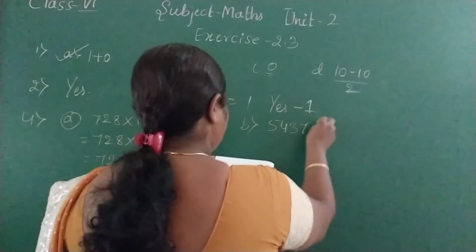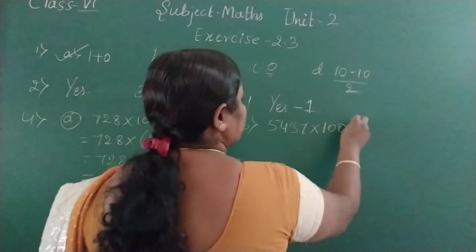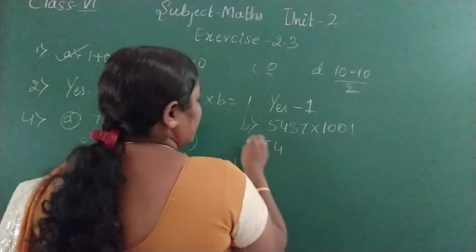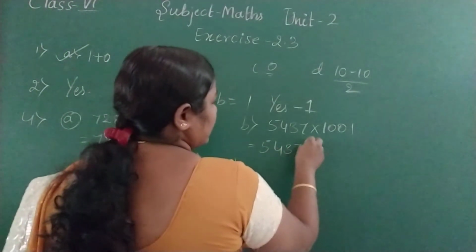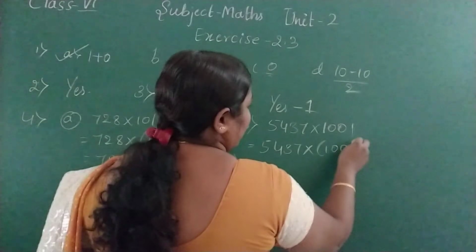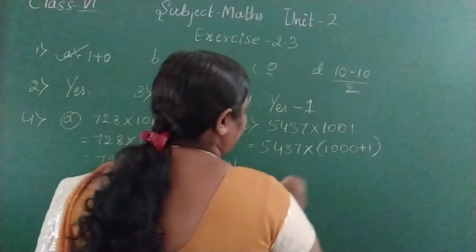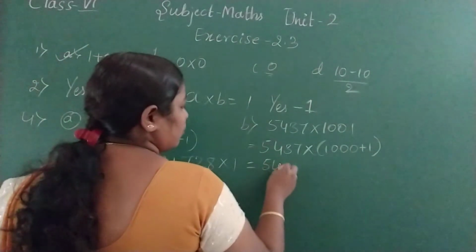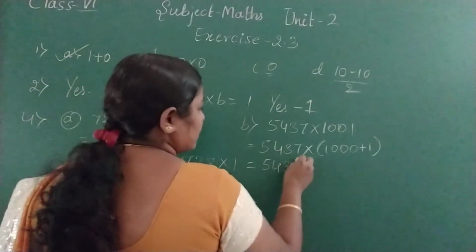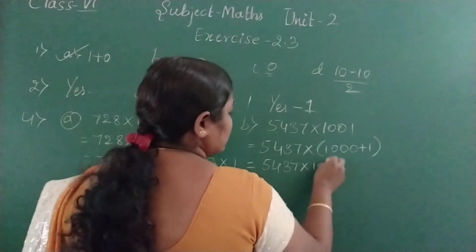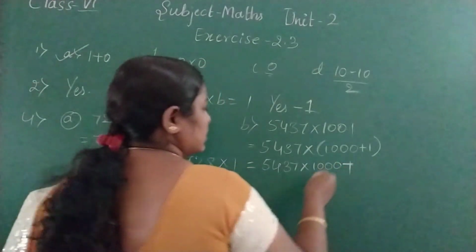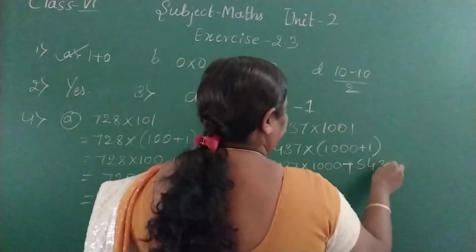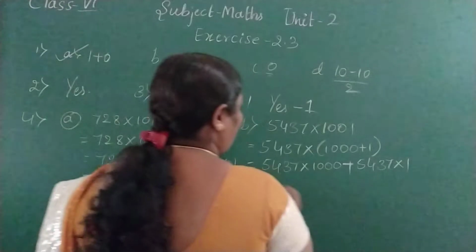5,437 into 1001. So apply 5437 into 1000 plus 5437 into 1.